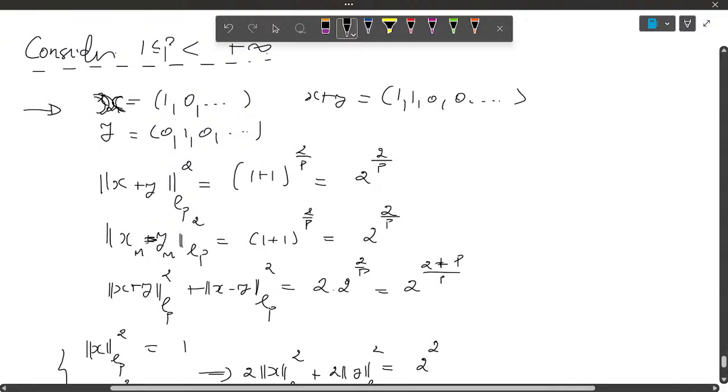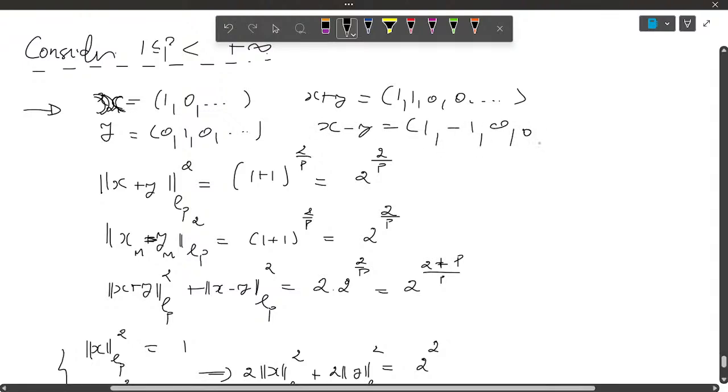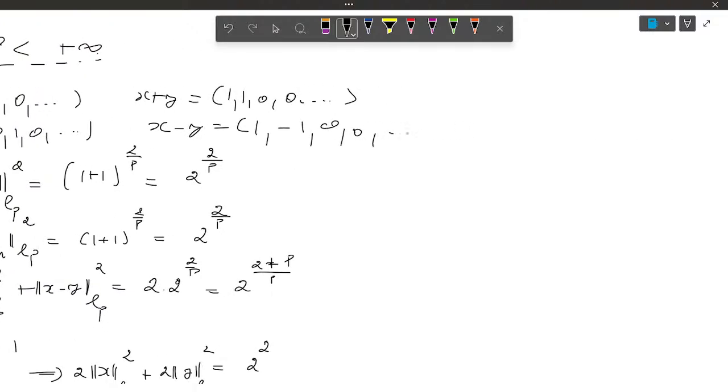The same thing will happen if you compute x minus y. You're going to get 1 and minus 1 here, 0, 0, and everywhere 0.